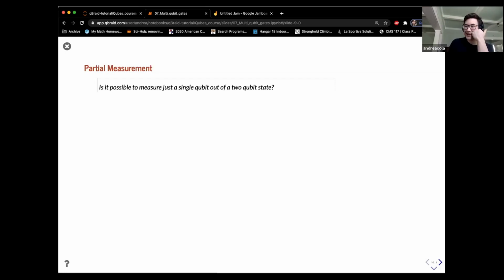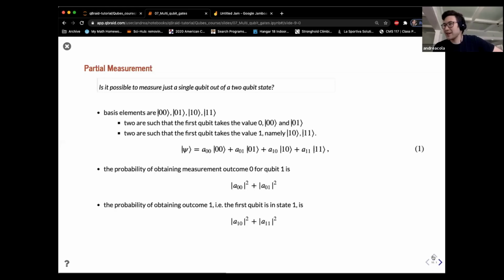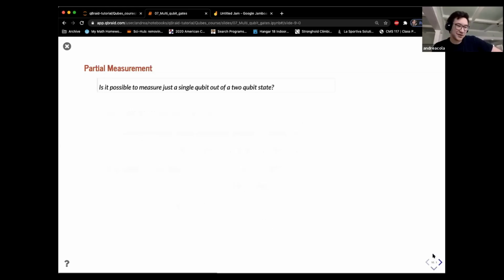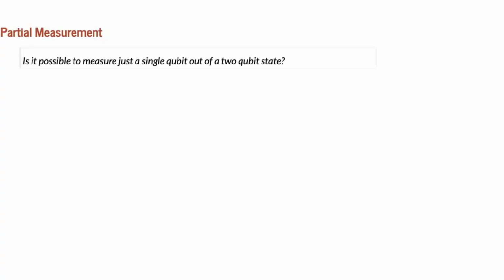So, yes, I guess I've already answered my own question. Is it possible to measure just a single qubit out of a 2 qubit state? The answer is yes. Okay. I guess the question that I can ask you before I reveal the answer is, how do we do this? What is the process for measuring a single qubit out of a 2 qubit state?